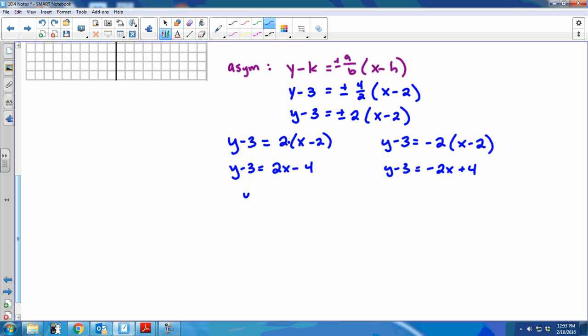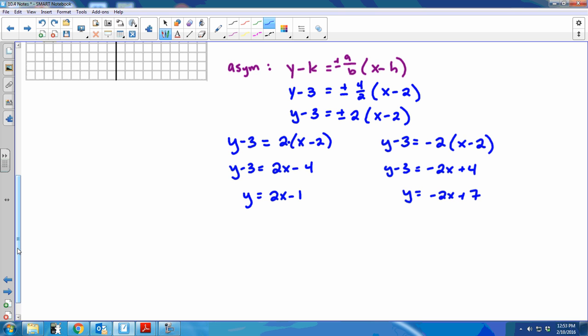And then we add 3. Well, that's the last thing you have to find. Any questions about where those two equations came from?